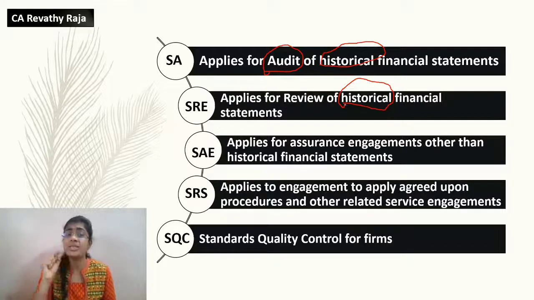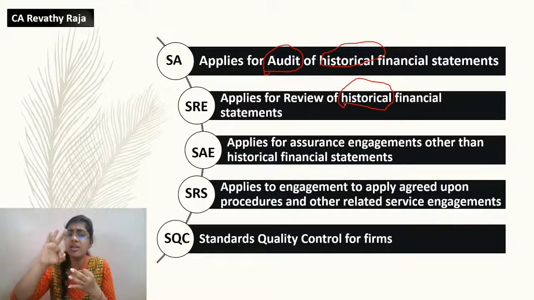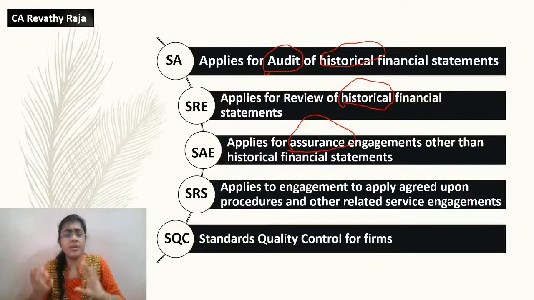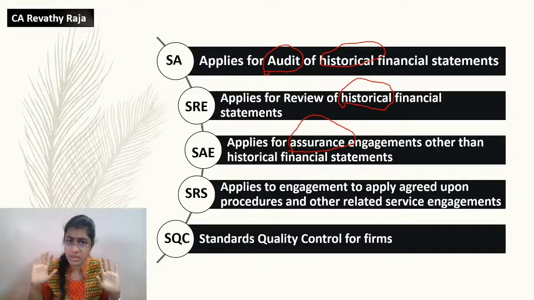Moving on to SAE. Third one, SAE. Standards on Assurance Engagement. Assurance. See, it is not audit. Why? For audit it is SA. It is not review. For review it is SRE. Here in the third one, SAE, you are going to give an assurance. It can be reasonable or it can be limited. It is an assurance.